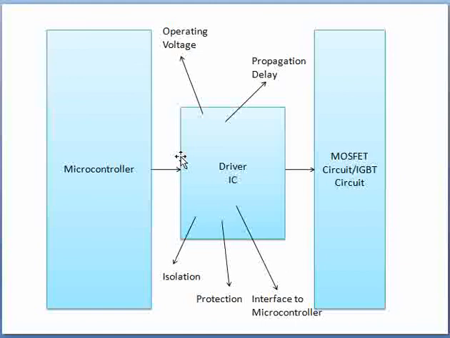And then ultimately, when you drive a MOSFET, let us assume a short circuit happens in the bridge. That means there is some overcurrent that is going to flow, right? Or the short circuit scenario. In these scenarios, the driver IC must be able to stop the control to the MOSFET such that your circuit does not get damaged.